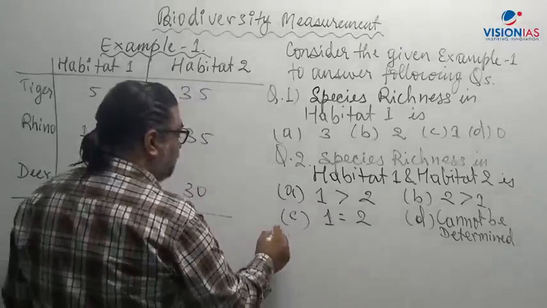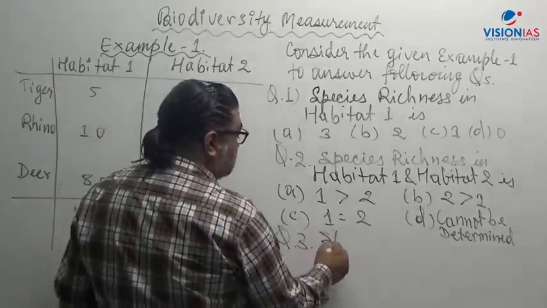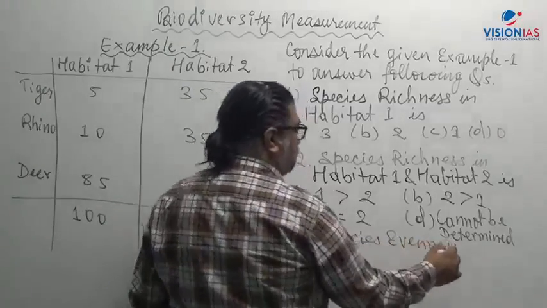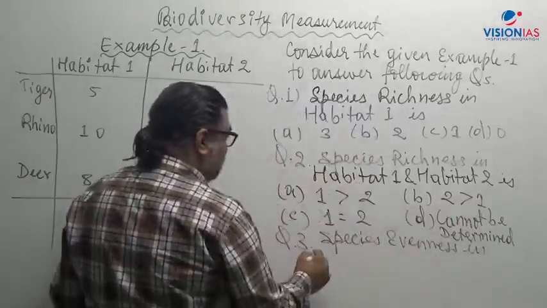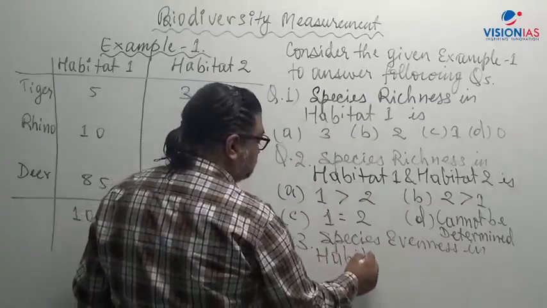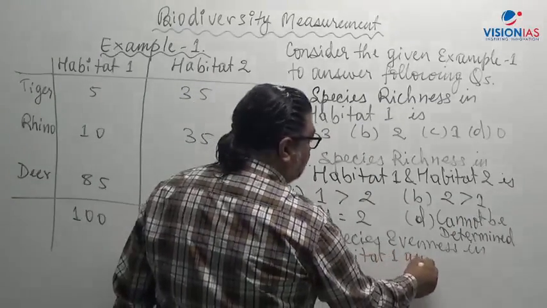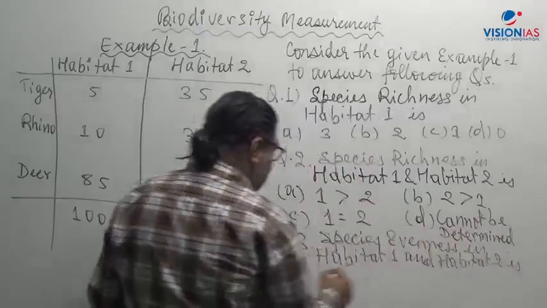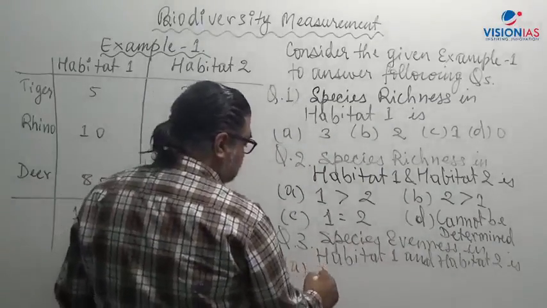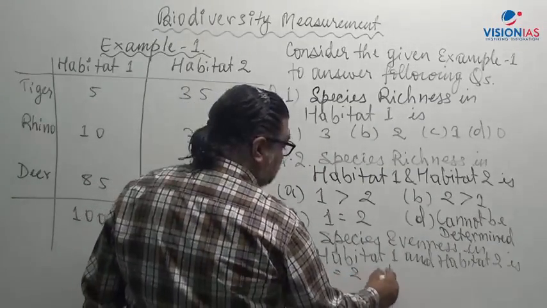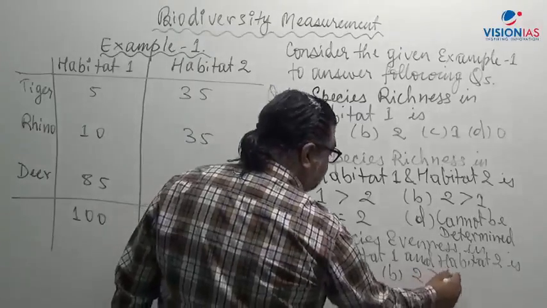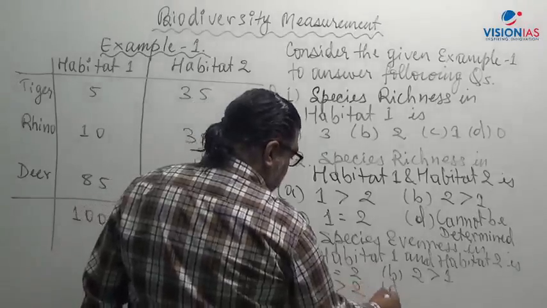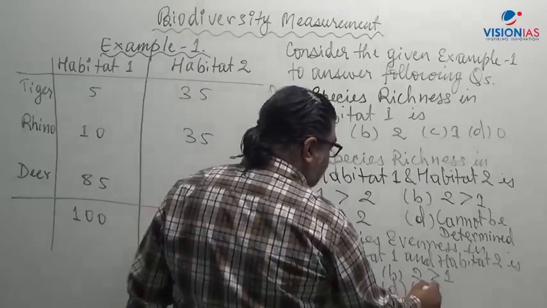Now question number 3, species evenness. Please write this question also. Species evenness in habitat 1 and habitat 2 is: A, 1 equal to 2; B, 2 is greater than 1; C, 1 is greater than 2; D, cannot be determined.